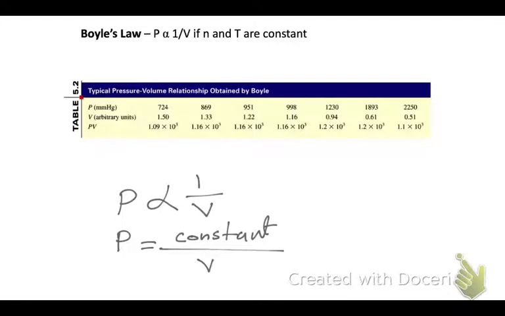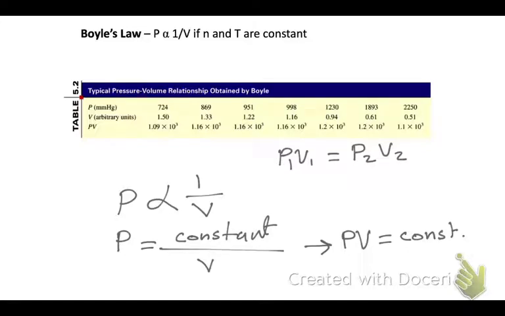So what does that mean now? If we arrange this equation to put constant at one side, if I multiply pressure by volume, that is equal constant. Therefore, since this is a constant, I can now say that P1 V1 equals P2 V2.